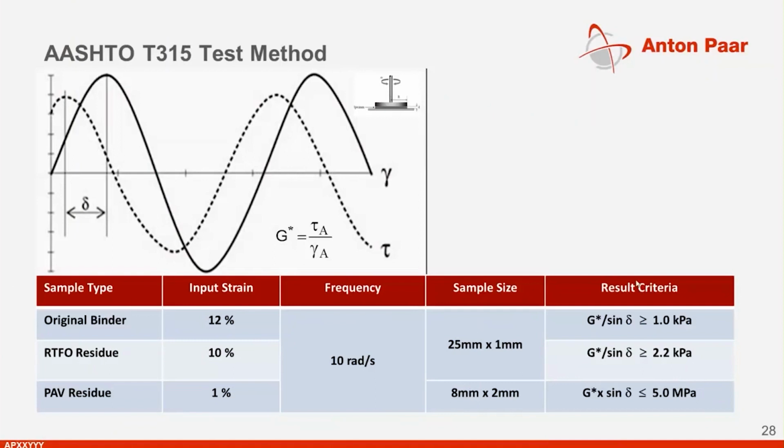The result criteria also depend on the aging. It is between 1 kilopascal and 2.2 kilopascal for original and RTFO, and G* multiplied by sin delta must be smaller or equal to 5 megapascal for PAV residues.